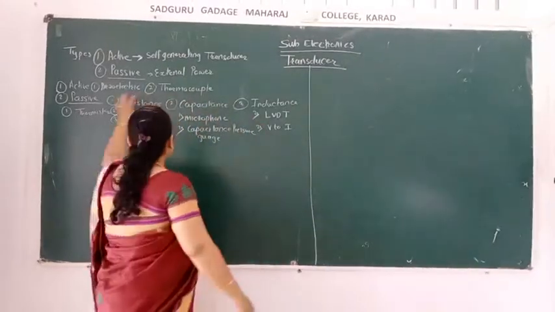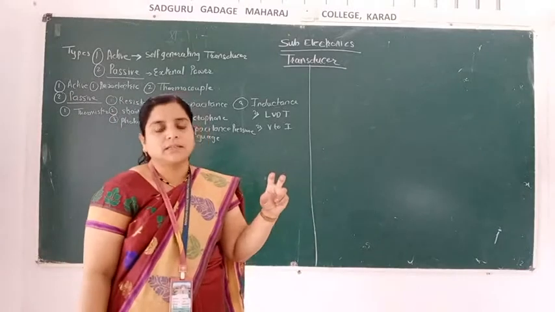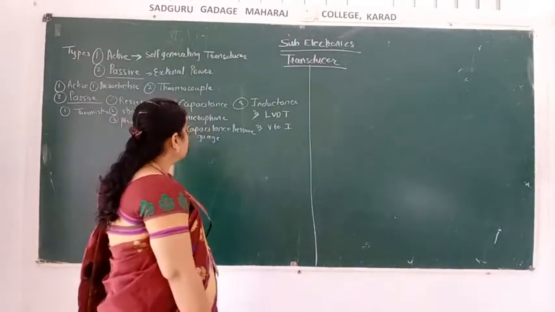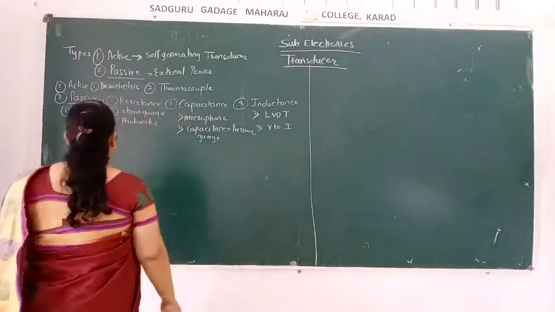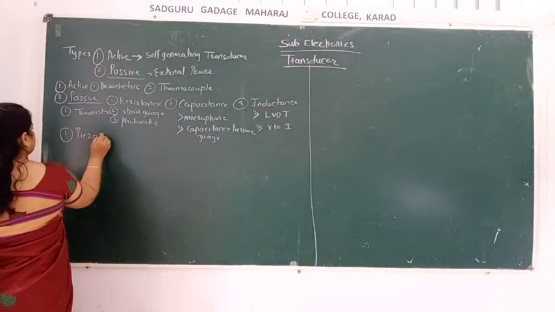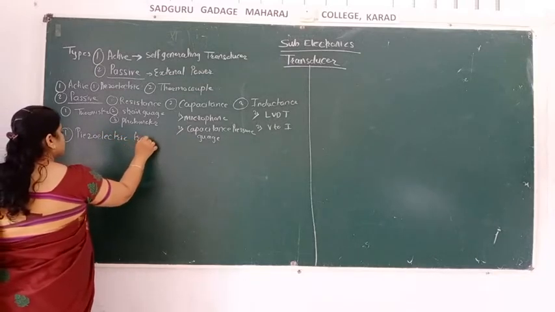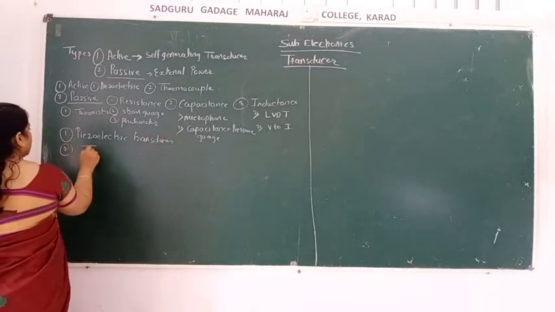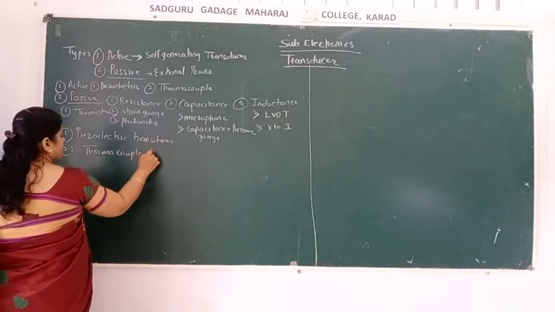From all those transducers, only particular transducers are asked in detail. So all these transducers are not asked in detail. How many transducers are asked? We'll list them. First is the piezoelectric transducer. Second is the thermocouple transducer.